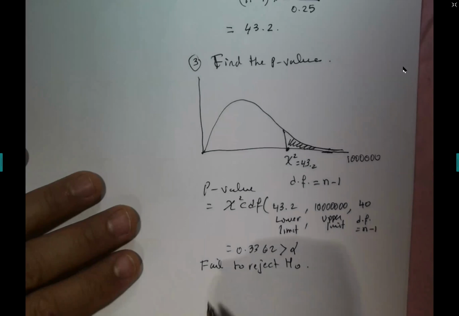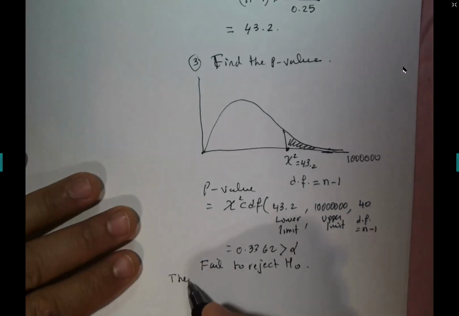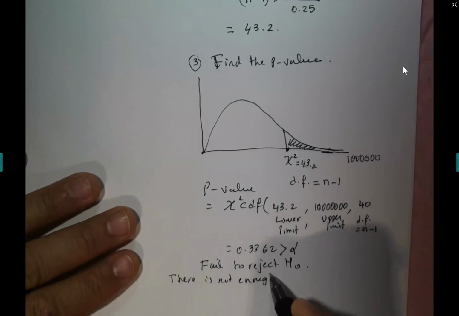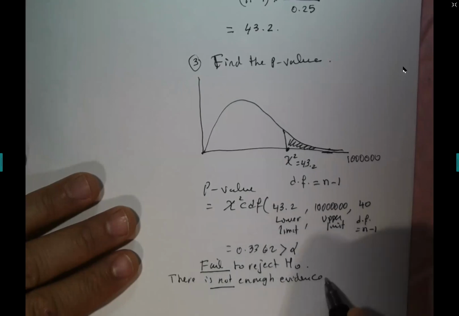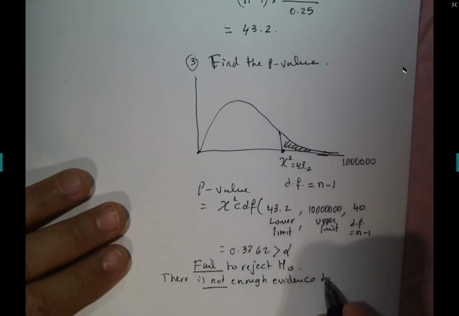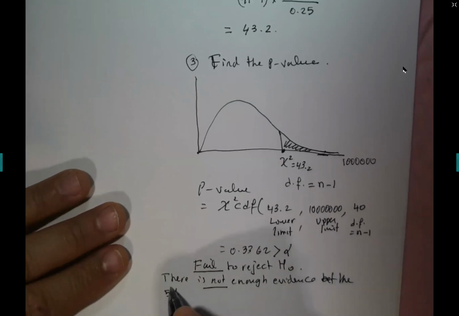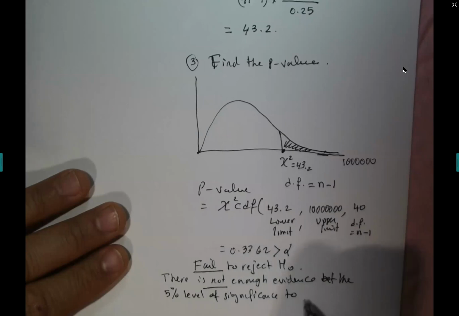So how do you start? There is not enough evidence. That should help you for the test as well. When we say fail, we start with there is not enough evidence at the 5% level of significance. Let me write it down. Support or reject?